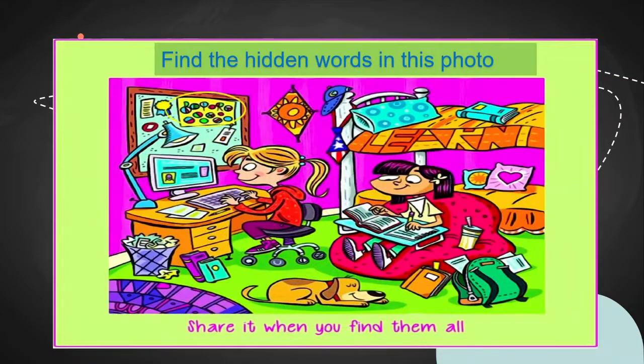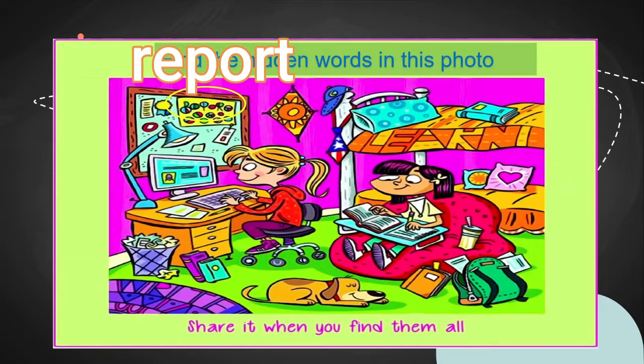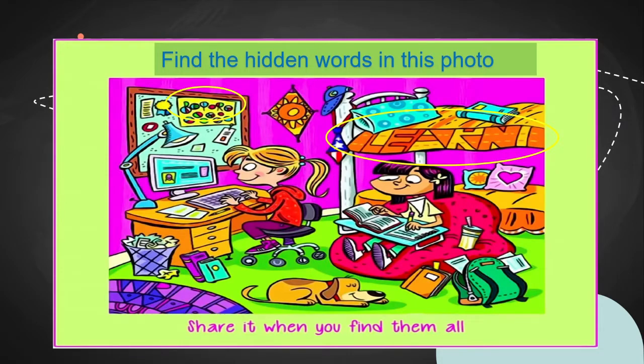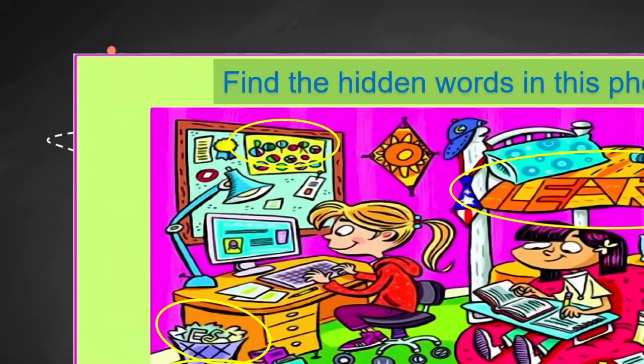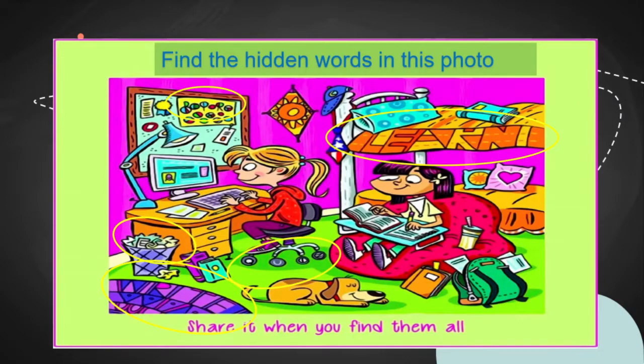Alright, we have correct. We have the word. Very good. Next we have correct. We have the word learn. Next we have right. Next. Very good. We have the words test and quiz.